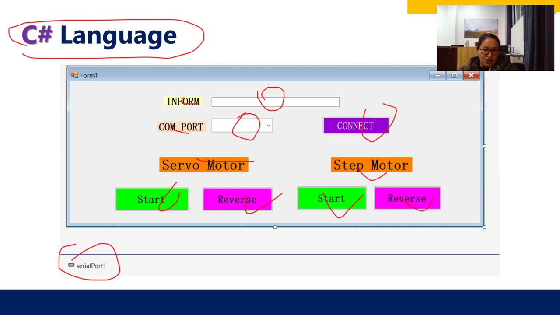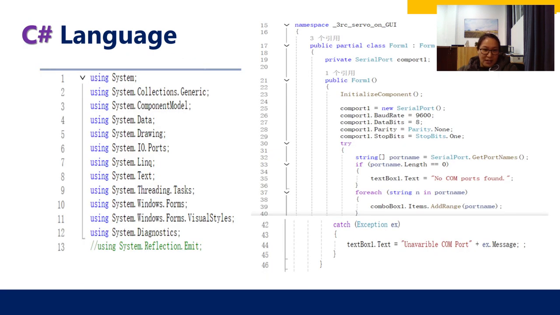Now let me introduce the C# language in Visual Studio. The program includes several namespaces for functions such as data handling, GUI components, serial port communication, and more.